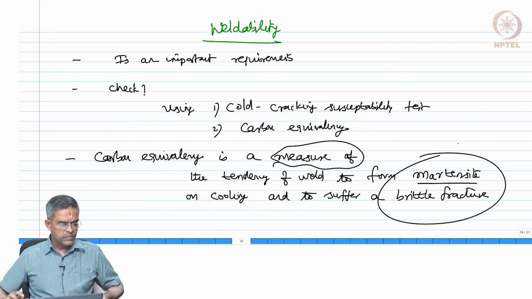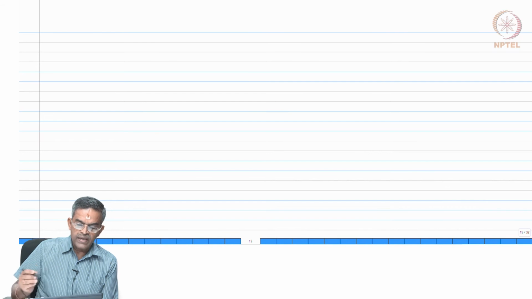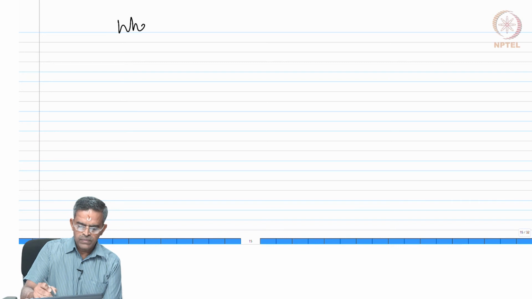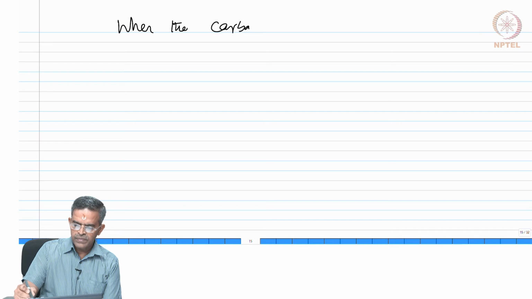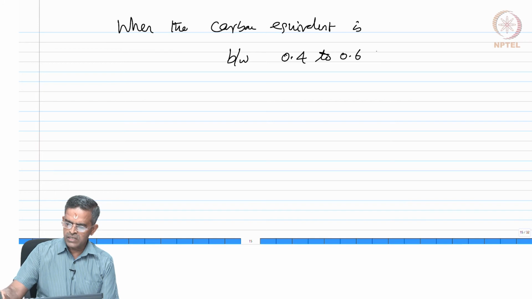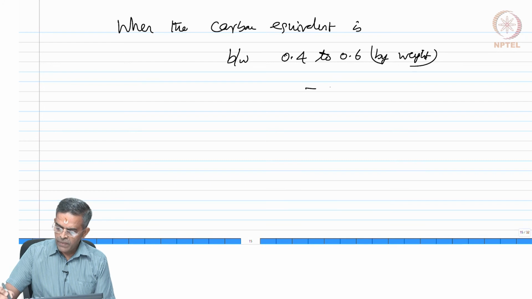Now, in general, if you ask me for a thumb rule, sir, when can we say that steel is weldable? When the carbon equivalent is between 0.4 to 0.6 by weight, then one can say a weld preheat is necessary.